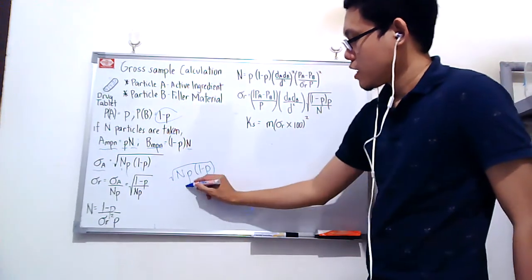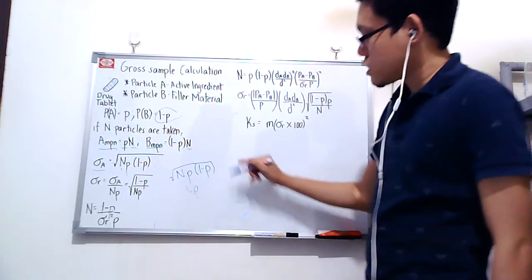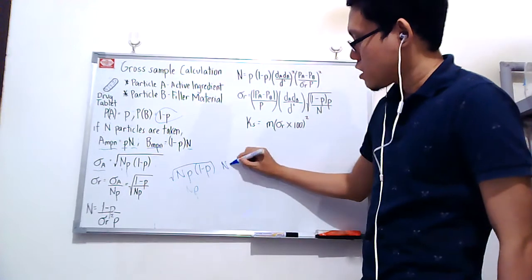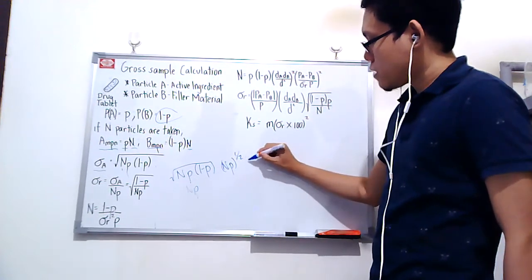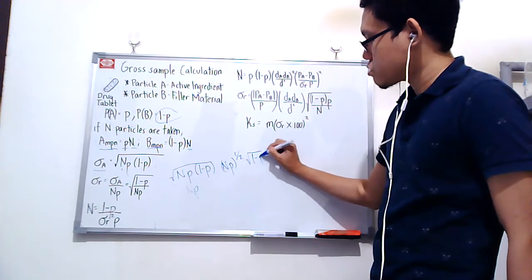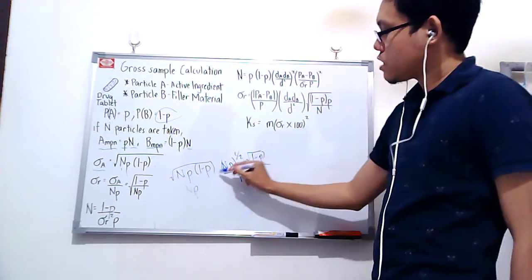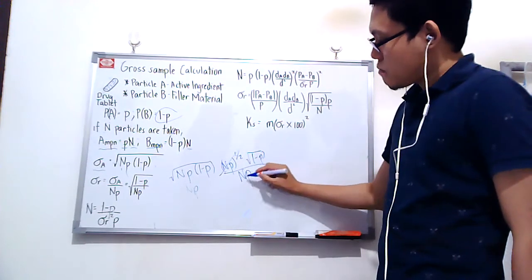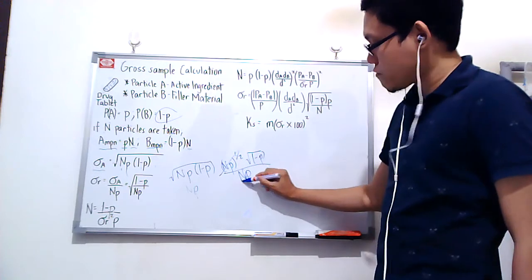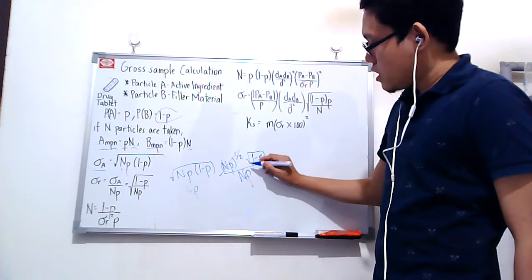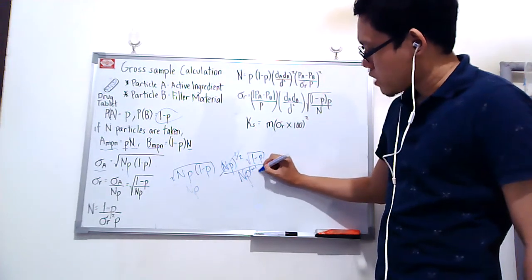Pwede nating baguhin yung representation nito as np raised to 1 half multiplied by the square root of 1 minus p, over np. Makakancel lang ito, and then mababawasan ng 1 half, so magiging 1 minus 1 half.